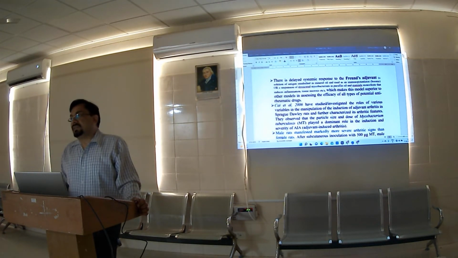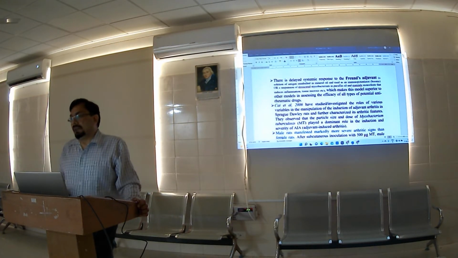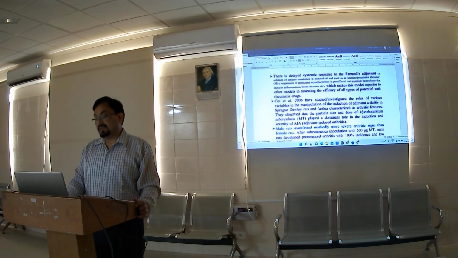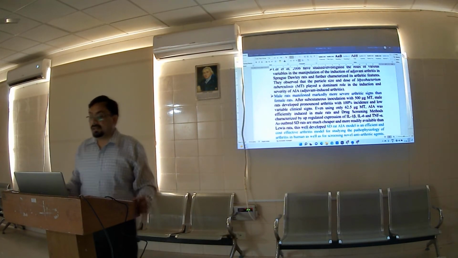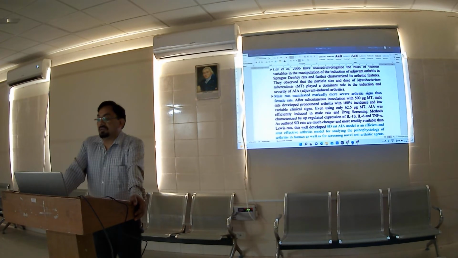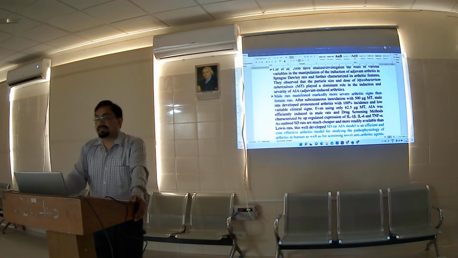Before 2006, the Mycobacterium suspended in the oil was not coded in this method. After 2006, this is the modification. Male rats manifested markedly more severe arthritic signs than the female rats. That is why if somebody asks which sex has to be preferred in this particular model, it is the male rats.